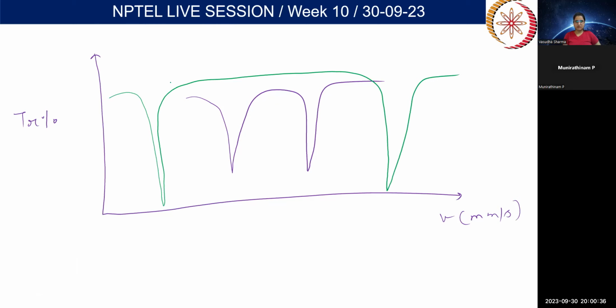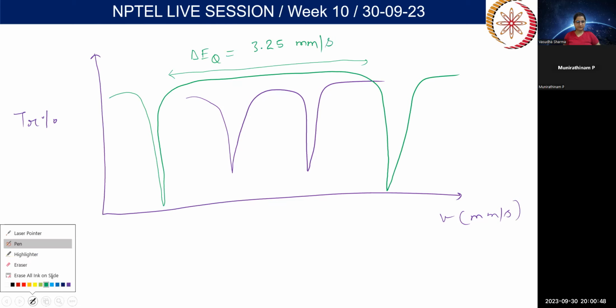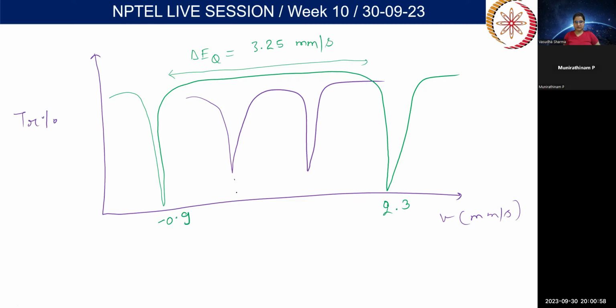So here this is delta EQ, value is 3.25 mm per second, and here this value is minus 0.9, this is 2.3. This value is 0.07, the delta value. This is 0.57, and the difference between these two, delta EQ, is equal to 0.5.